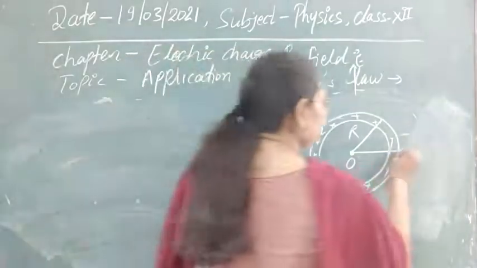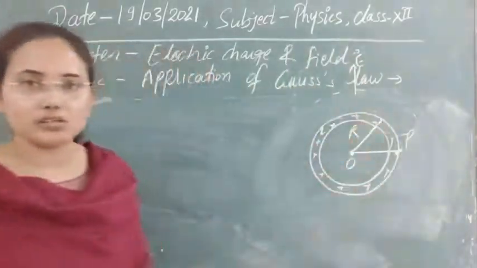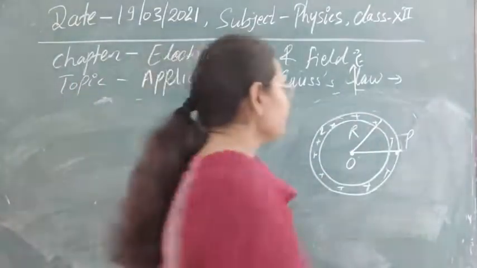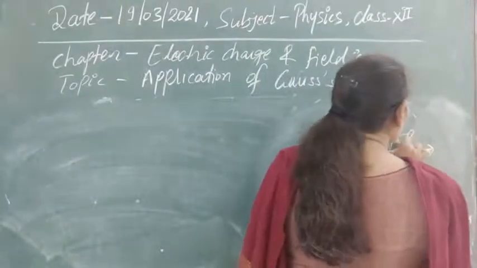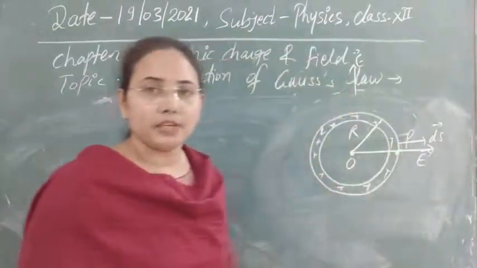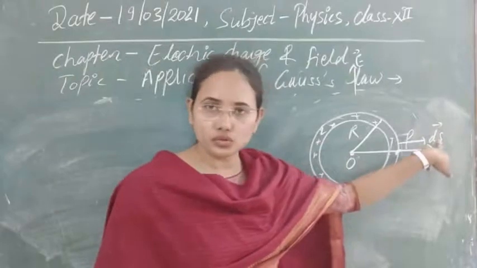So obviously this sphere will serve as the Gaussian surface. No need to draw any hypothetical sphere here. If you see the direction of the electric field, that is outward, and the direction of the area vector is also outward. So the angle between these two is 0.